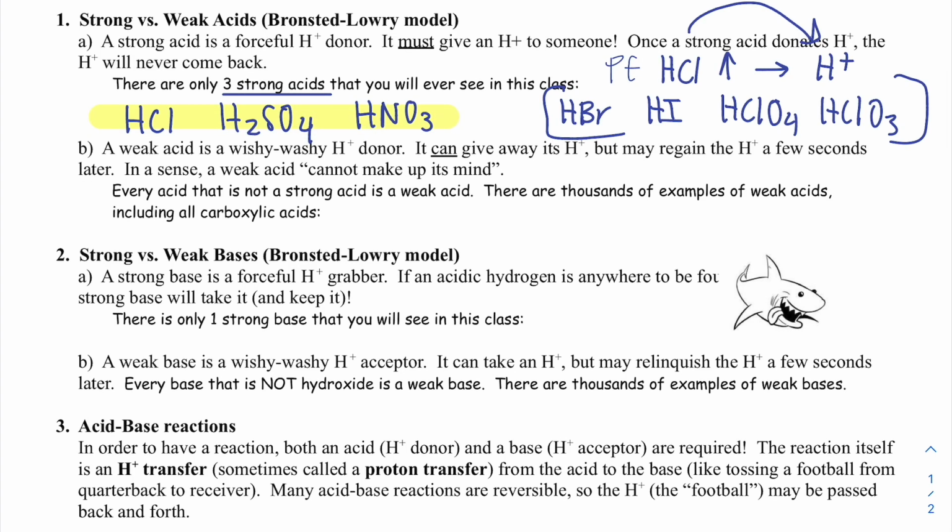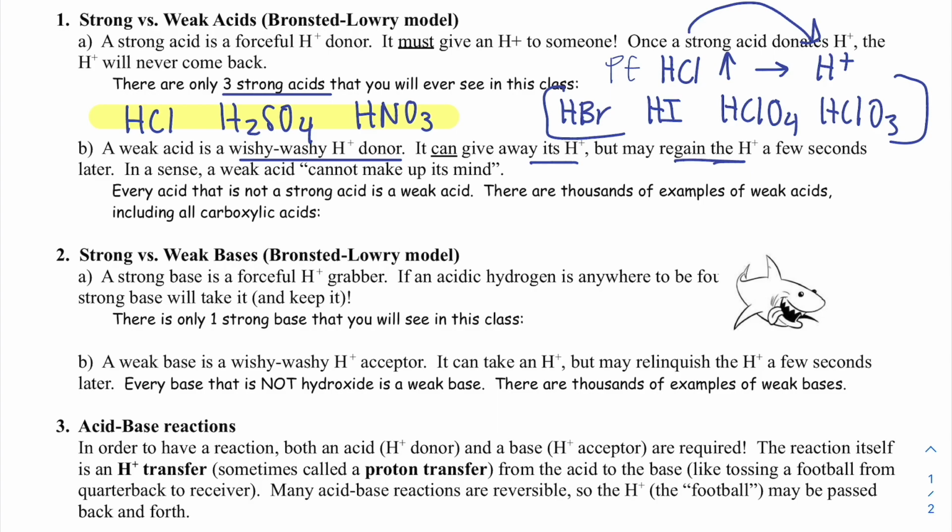We can compare our strong acids to weak acids, in which they are a wishy-washy proton donor, H+. It can give away the H+, but it may regain the H+ after some time. Unlike the strong acid, once it gives its proton, it never comes back. In a weak acid, it can come back, it can donate it again, it can come back and forth, back and forth.